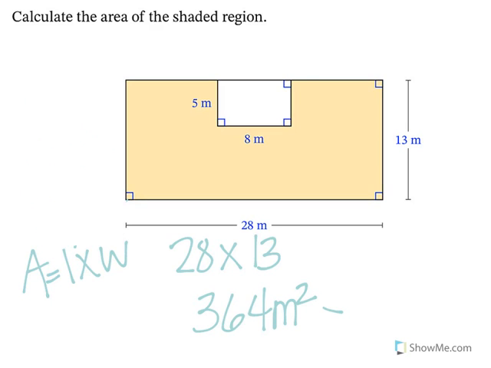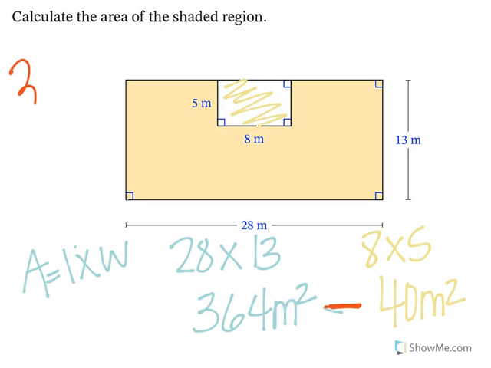Then we want to find the area of the part that's not shaded. So we have an 8 by 5 meter rectangle, which gives us 40 meters squared. To find the area of the shaded region only, we're going to subtract.